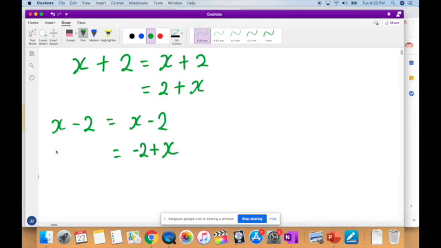But I cannot say 2 minus x, because look, the numbers have changed their quality. 2 is now positive, x is now negative. So in this case, x is a negative number, but here x is a positive number. So they obviously cannot be the same.